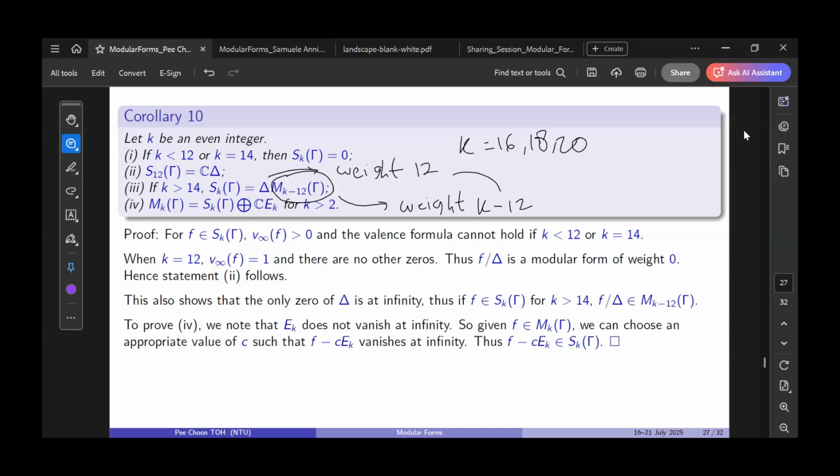If we multiply this, it will become a modular form with weight k. And since delta is a cusp form, the a0 is 0. If we multiply it by any modular form, the first coefficient will also still be 0, because basically a cusp form can be viewed as q times something.